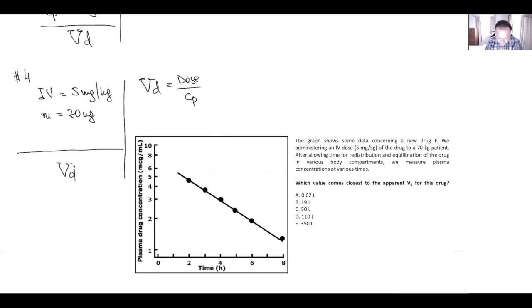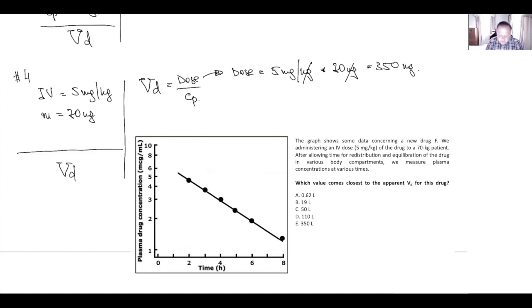But look, we have dose not in milligrams, but in milligrams per kilogram of body weight, and we have a person of 70 kg weight. So first we should find the dose that was infused to this individual, and the dose will be 5 milligrams per kilogram of body weight multiplied by 70 kg person. It will be 350 milligrams, right?